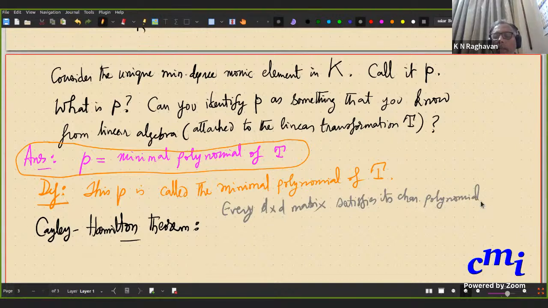Now, but let us state it in this language. So in our language, what would it mean? Instead of satisfies, what would it mean? When do you say something satisfies? When does a matrix satisfy a polynomial?